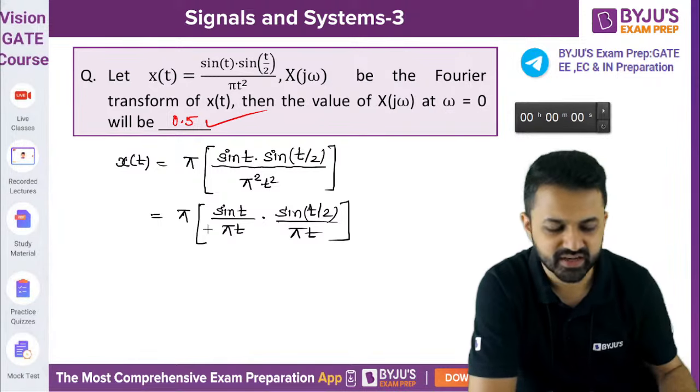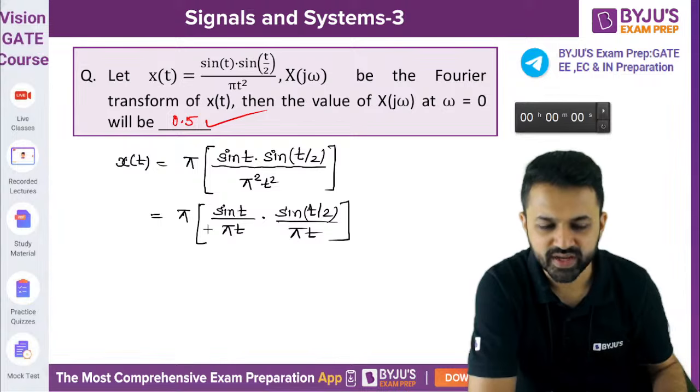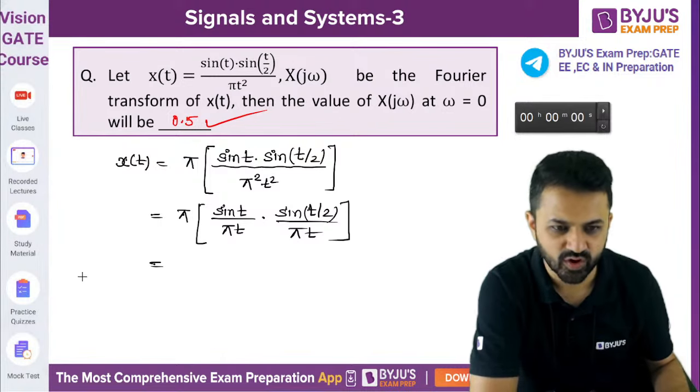They are multiplied in which domain? They are multiplied in the time domain, so we can say that they will get convolved in the frequency domain.